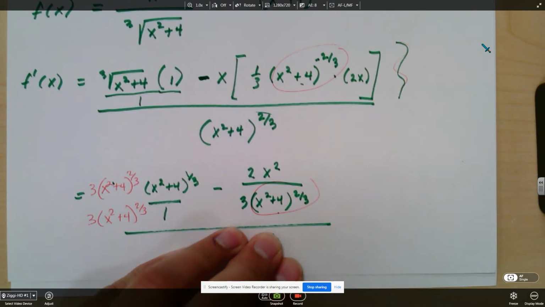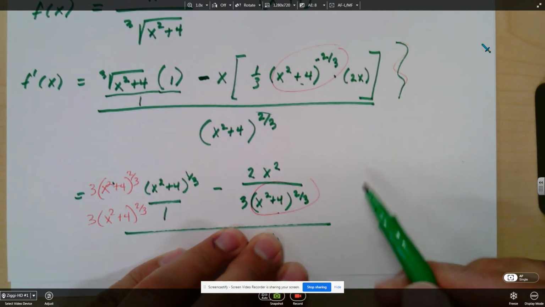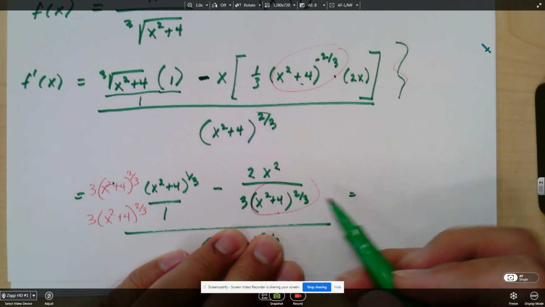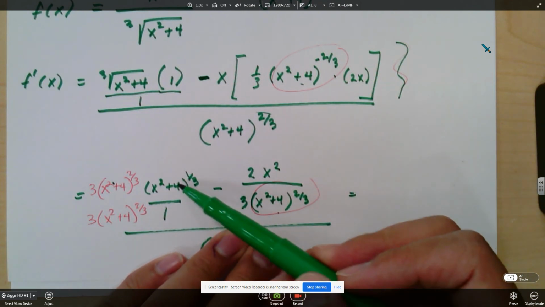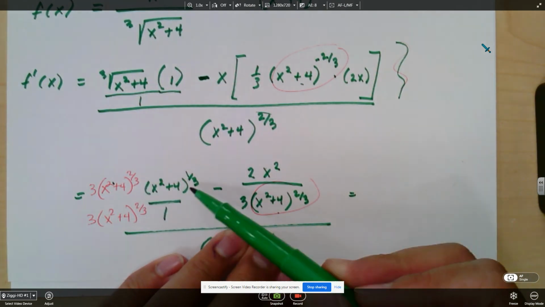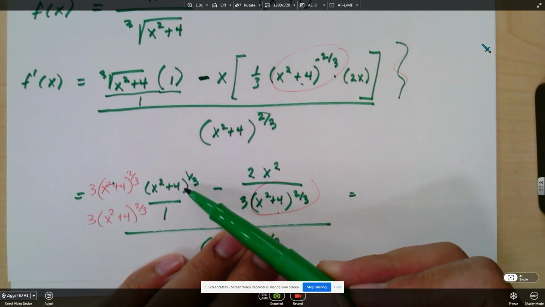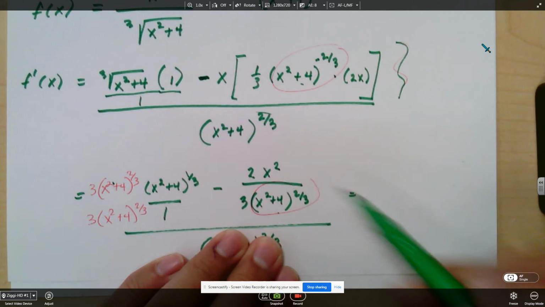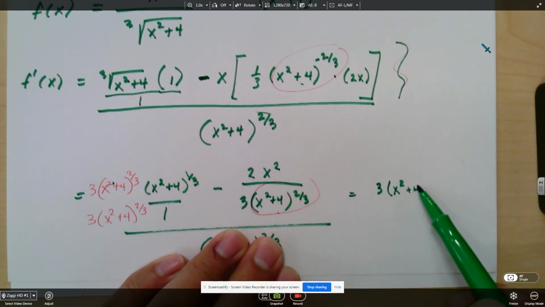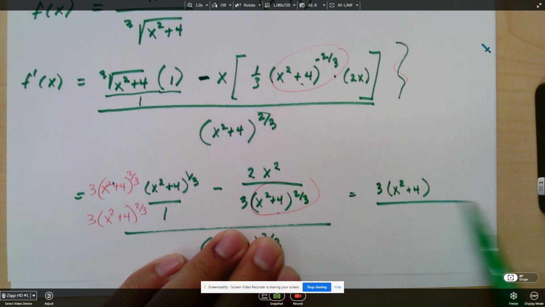I'll do that one last. Okay, so now just up here, you guys have this one times that one. 2/3 times 1/3 actually creates just a 1. So that means the 3 is there, but then you just have this expression, x squared plus 4. And now they are over that denominator.